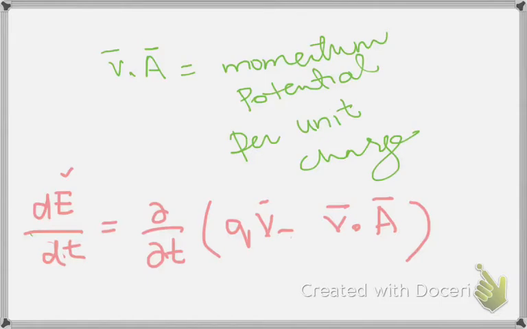You can see that this is the scalar potential, and this is the vector potential. So finally, we write the total energy in terms of potential. This is our final equation.